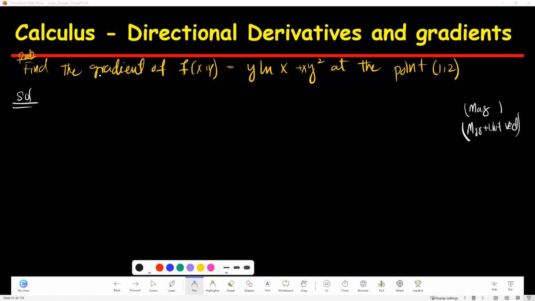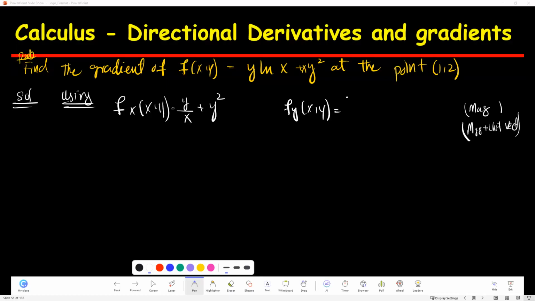So what I'm going to do, I'm going to write here f with respect to x and with respect to y. I'm going to take the partial derivative, so with respect to x it's going to be y over x plus y squared.